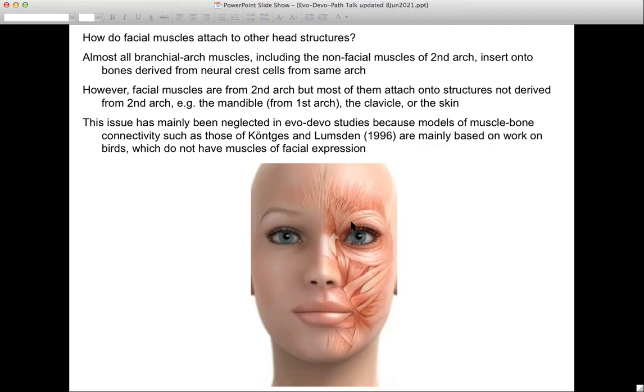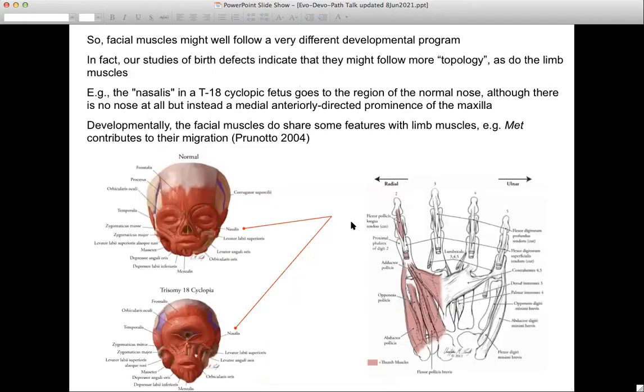If you think about it, the facial muscles are arch 2, with facial innervation, a facial nerve, but they can go even to the scalp. They can go to the lips, to the skin, things that are not arch 2. So it's really interesting to see that. We also know this because of birth defects, for instance, kids with cyclopia.